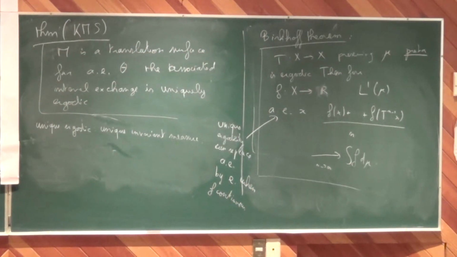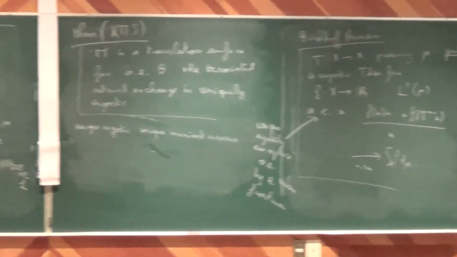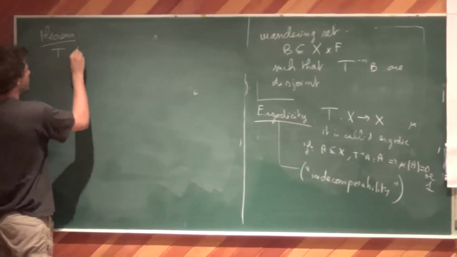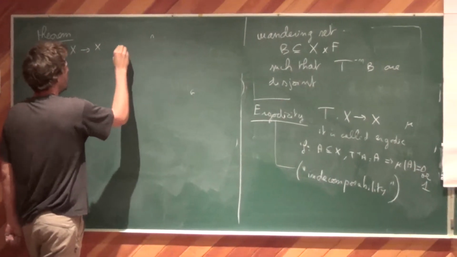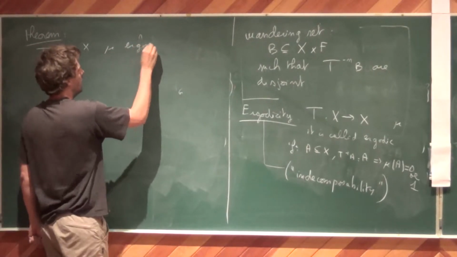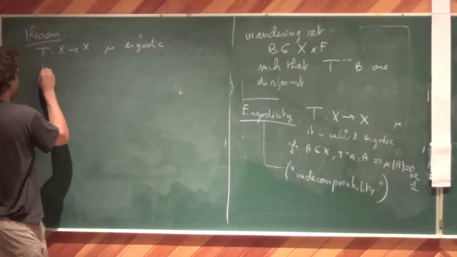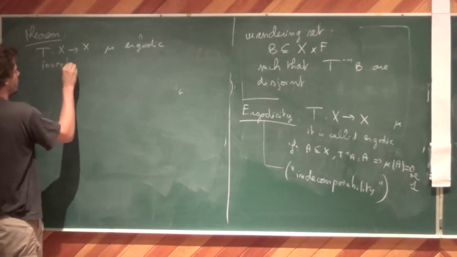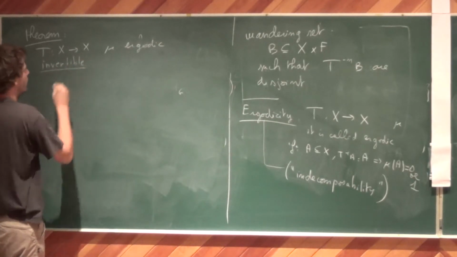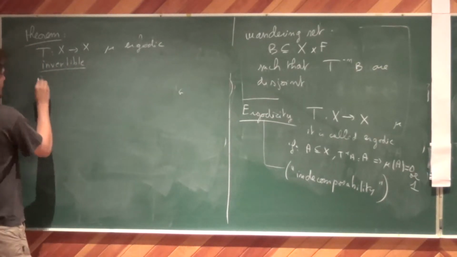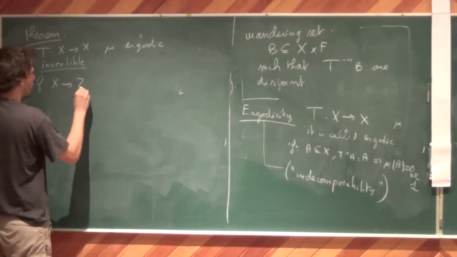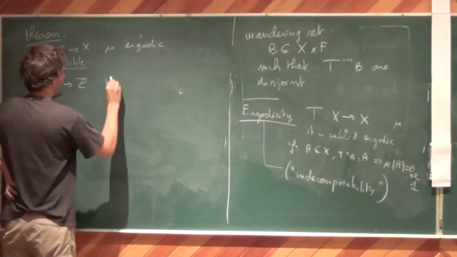And actually, there is a nice theorem which says that the converse holds. So if T from X to X preserving mu is ergodic, and you assume that it is invertible, you pick f from X to Z. Then we have an equivalence.